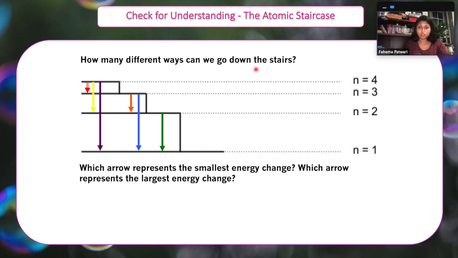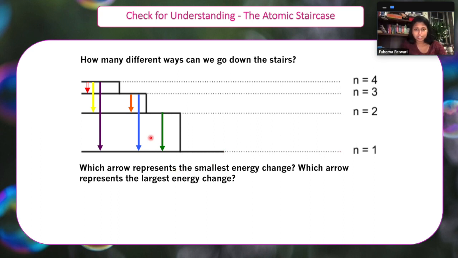Right, so from energy level 4, you can go to 3, 2, 1. From energy level 3, you can go to 2, you can go to 1. So every way to come down is related to a specific amount of energy, and that amount of energy is related to a specific color of light, and that color is what shows up in the emission spectrum for that element.